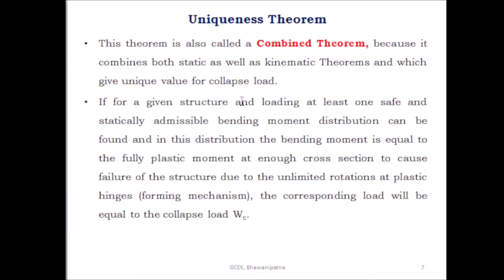If for a given structure and loading at least one safe and statically admissible bending moment distribution can be found, and in this distribution the bending moment is equal to the fully plastic moment at enough cross sections to cause failure of the structure due to unlimited rotations at plastic hinges, the corresponding load will be equal to the collapse load.